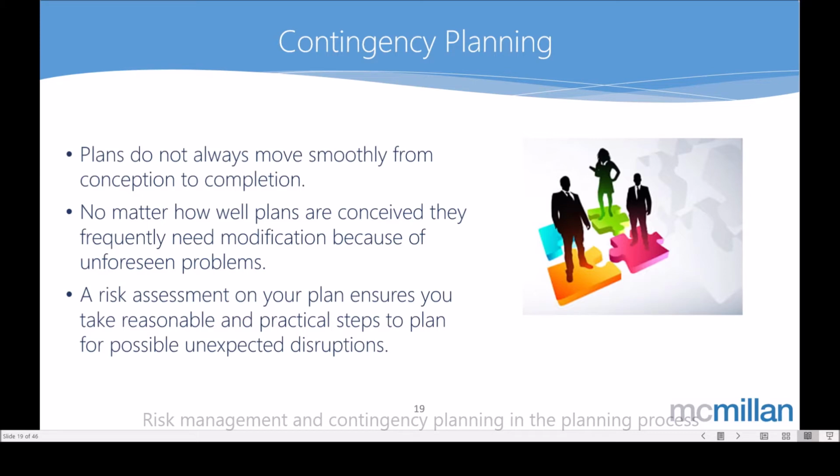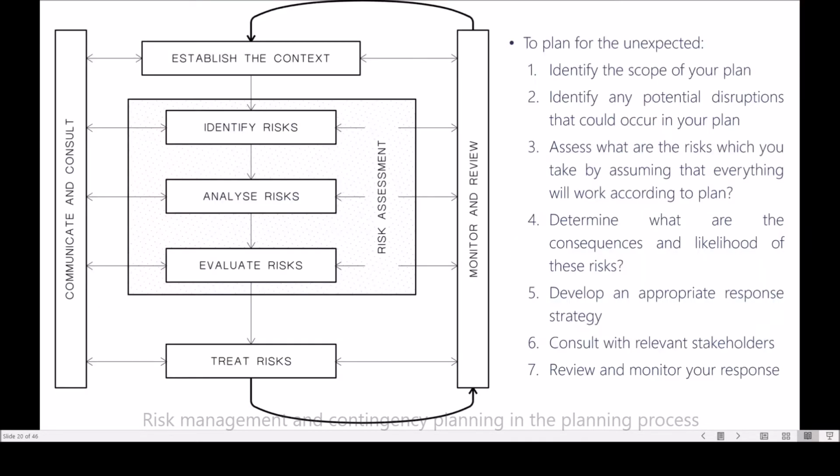So I want to talk a little bit about the concept of risk management in planning. But before I do that, I just want to talk about the risk management framework. So any form of risk management that we do, we should be first identifying the scope of the risk management. So in this case, the scope is the plan.